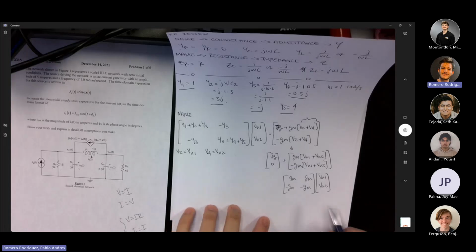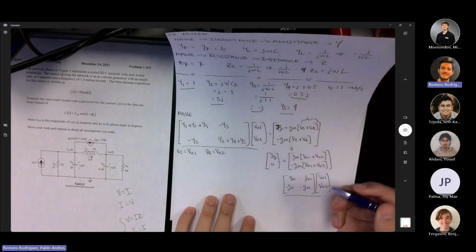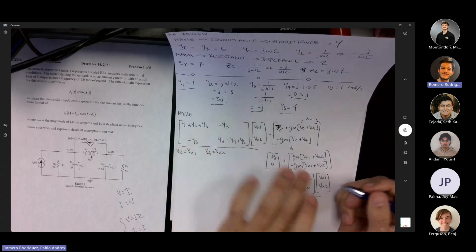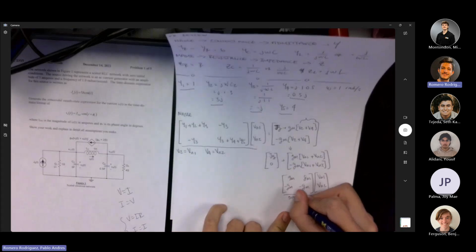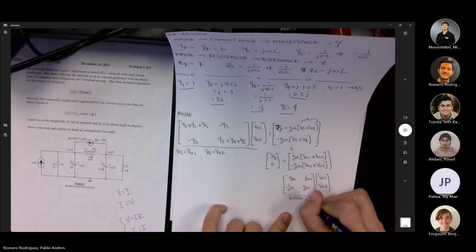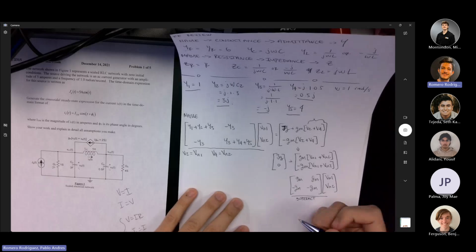Now that this is in terms of VN1 and VN2, and it's on the other side of the equation, I'm going to send it over there. So I'm going to subtract this complete matrix from this matrix over here.